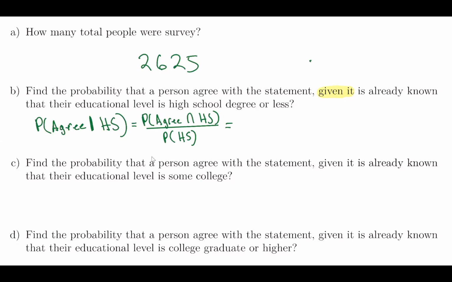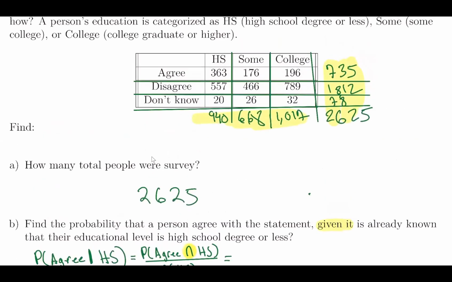All right. So you want to go back to the and statement. If you remember, for the and statement we want that one person to meet both criteria. So we only want to focus on people who agree with the statement and have a high school degree or less. So I'm going to go back to the chart. The easy way to do this is first select agree with the statement.